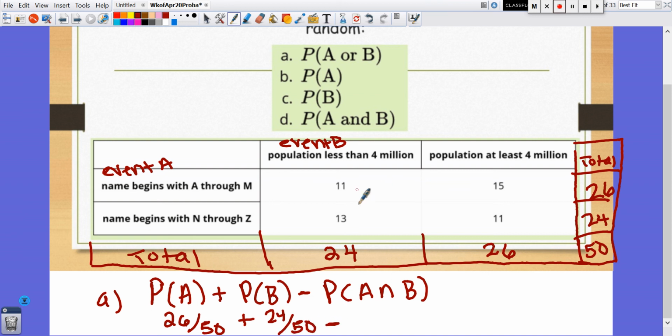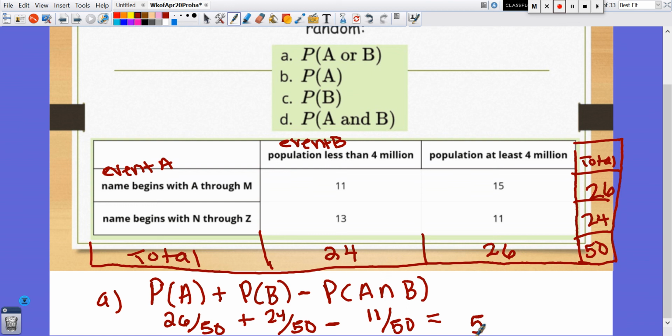Now minus, we know that these are dependent events because event A and B can happen at the same time. That's that joint frequency right here. So we have 11 states that go between A through M, but they also have less than 4 million. So I need to subtract out the 11 over 50 because of these 26, 11 of them is already being counted for A through M, and of this 24, 11 of them is already being counted for less than a million. So I got to take that out so I can get the probability.